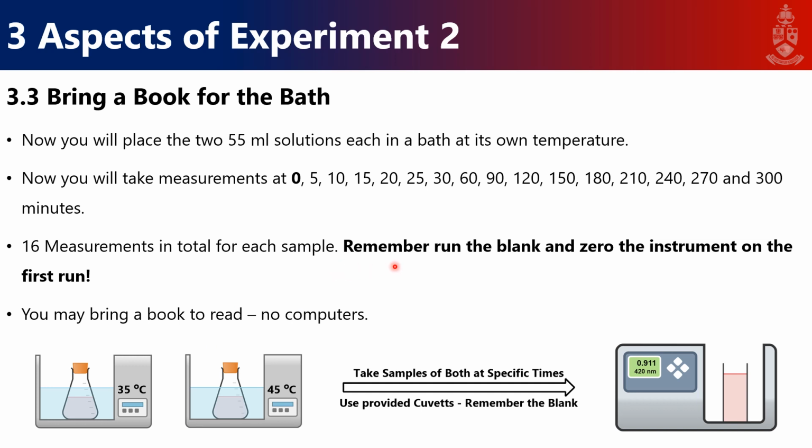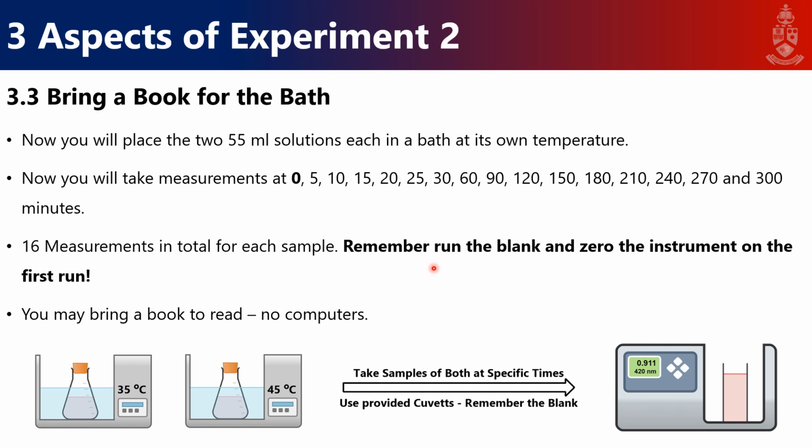Then you will need to run a blank and zero the instrument on the first run. There are 2 instruments that we can use. One is an instrument that is provided in the lab, in Joel's lab. If you use that instrument, you will only need to run the blank once at the beginning of the experiment.